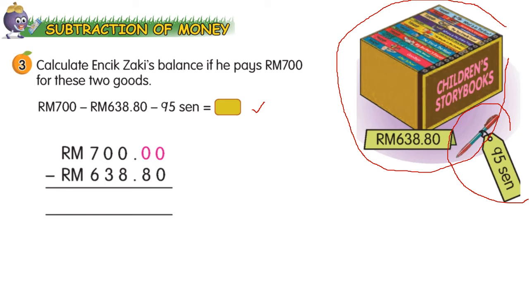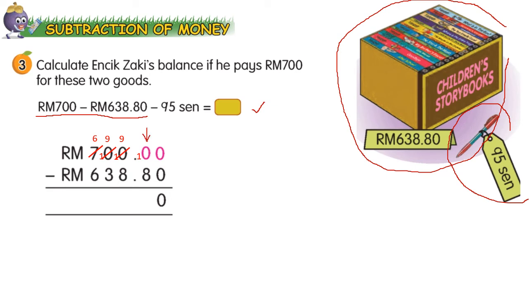So 700 minus 638 ringgit and 80 cent. We do subtraction between these two numbers first. So 0 minus 0, 0. 0 minus 8, 0 is smaller than 8, so you have to borrow from 7 here, and then put all 9s there before it comes to 0 here.